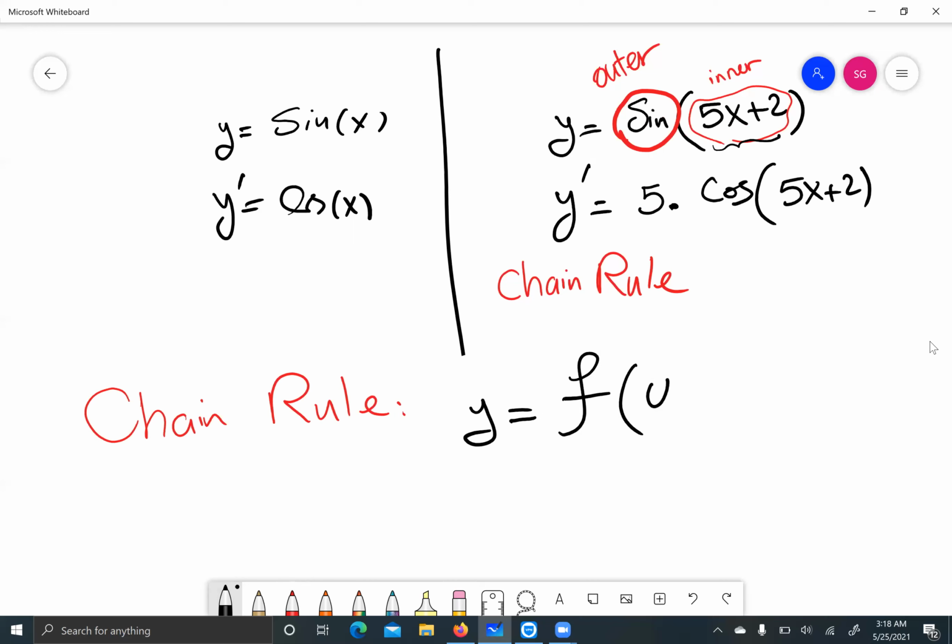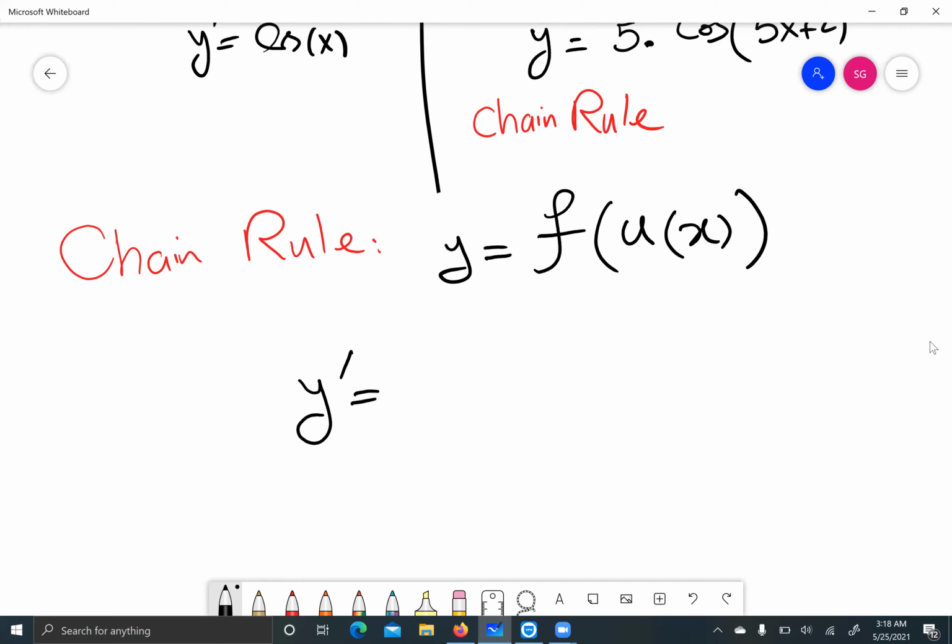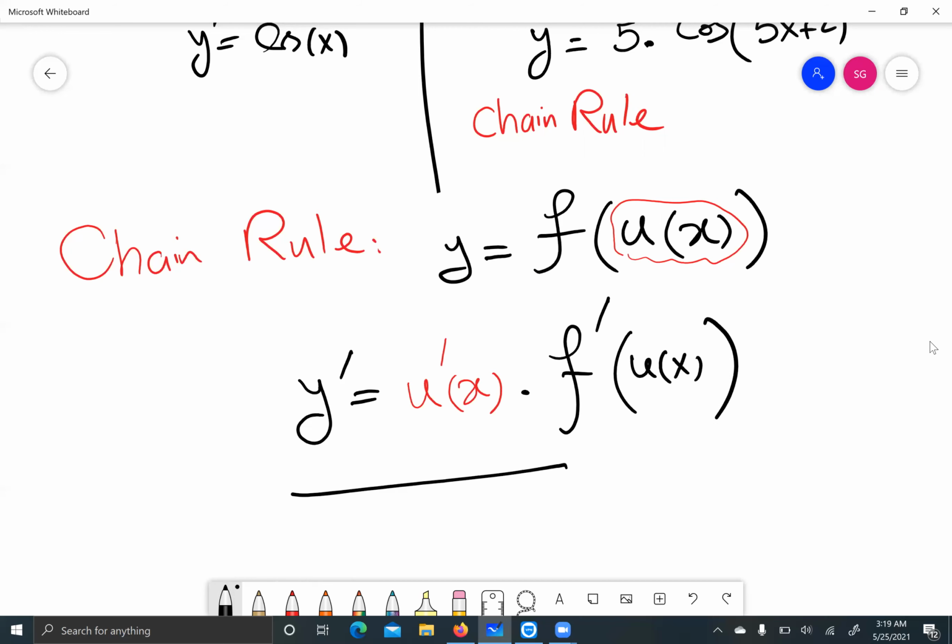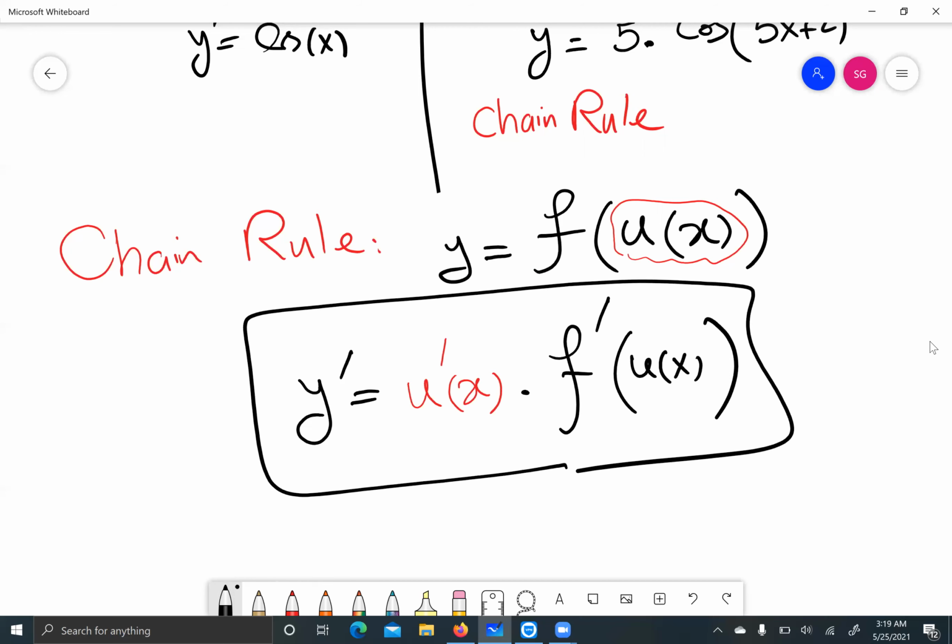Then the derivative is the derivative of the inner function. In this case, the inner function is u of x. So you take the derivative of the inner function and then multiply it by the derivative of the outer function at the inner function. So that's the chain rule, that when you have a composition, you take the derivative like this.